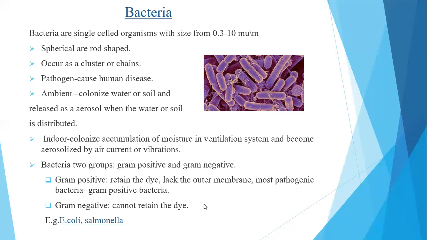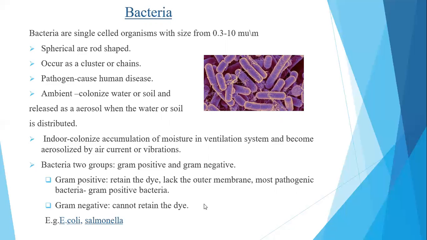Bacteria often occur as clusters or chains under ambient conditions. Bacteria colonize water or soil and are released as an aerosol when the water or soil is disturbed. In indoor environments, bacteria can survive and colonize moist environments such as ventilation systems and become aerosolized by air currents or vibrations.